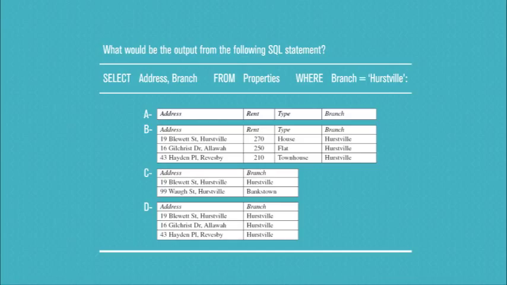The SQL statement clearly said in the where statement, branch has to equal Hurstville only. So I think we can rule out C, which leaves us with D. Let's just have a look at it. Address and branch fields are listed. Properties table, great. And the branch listed is Hurstville. Fantastic. The answer is D.